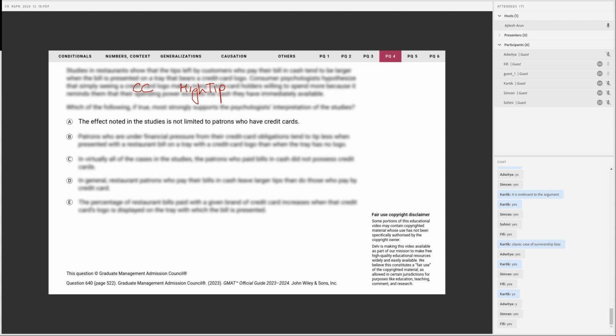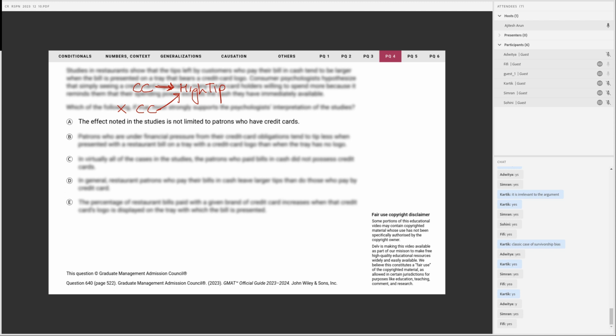So if this effect is not limited to those who have credit cards, we can say that whether you have a credit card or not, it doesn't matter. The outcome is the same. Whether you have a credit card or not, you get the same outcome.